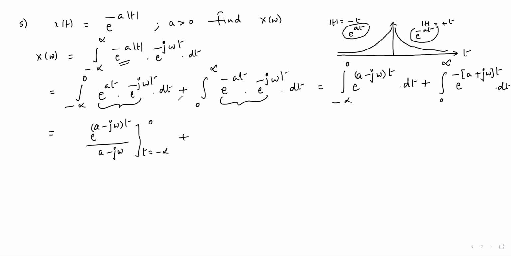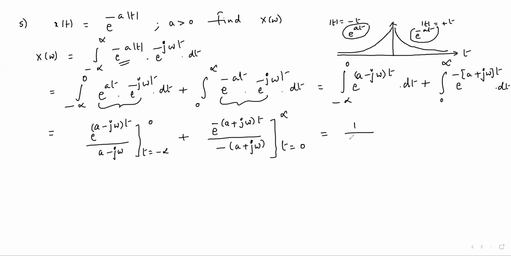Second term, after integration, it is e to the power of minus of a plus j omega, t, divided by minus of a plus j omega, with t limits 0 to infinity. Let us substitute the limits.